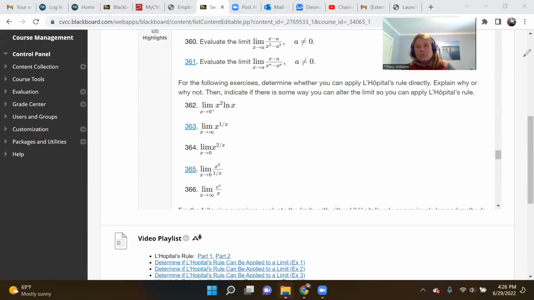So L'Hopital's rule is not good for compositions. With this particular one, we could not use L'Hopital's rule because of the composition. If I took the log and brought the 1 over x down, I could rearrange it to where I could use L'Hopital's rule. But for right now, I'm kind of stuck.